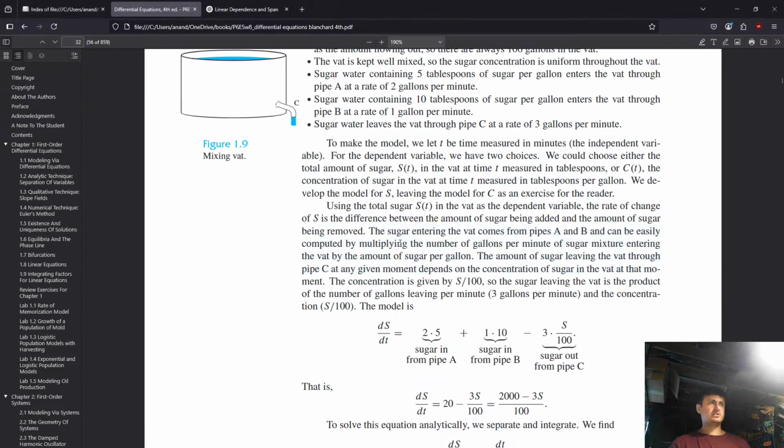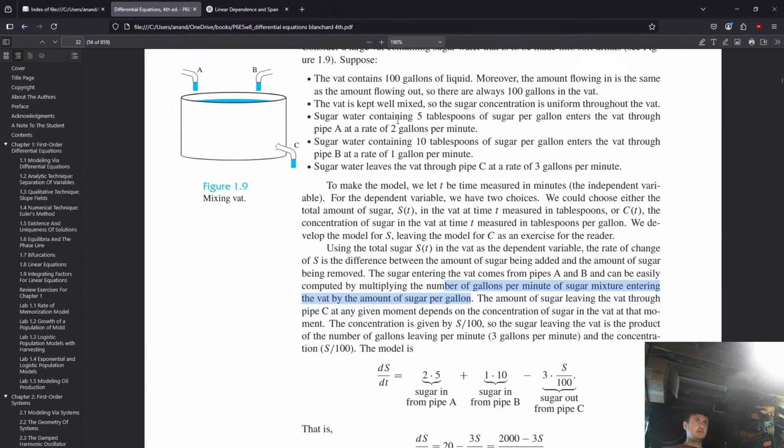Okay, so the sugar entering the vat comes from pipes A and B, and can be easily computed by multiplying the number of gallons per minute of sugar mixture entering the vat by the amount of sugar per gallon. Right, all that's saying is that 5 tablespoons of sugar per minute.